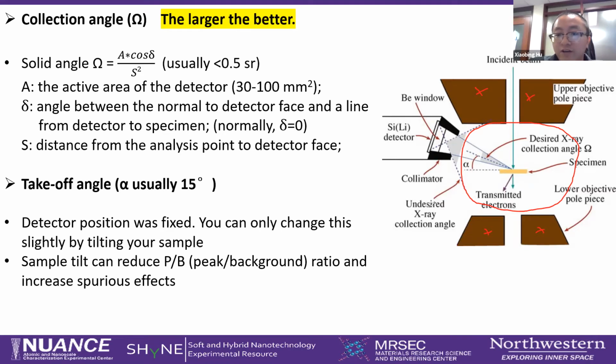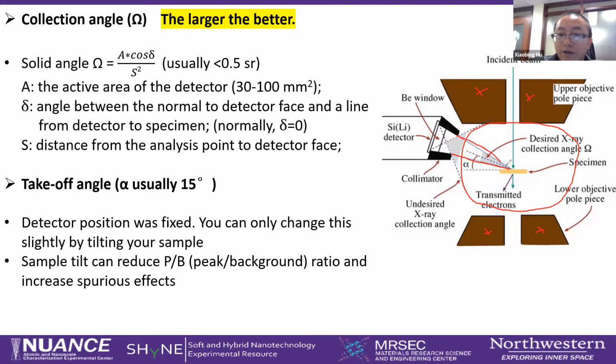So your EDS detector is here. When the electron interacts with your sample, the X-rays go in all directions, but your detector can only accept the signal from this triangle area.